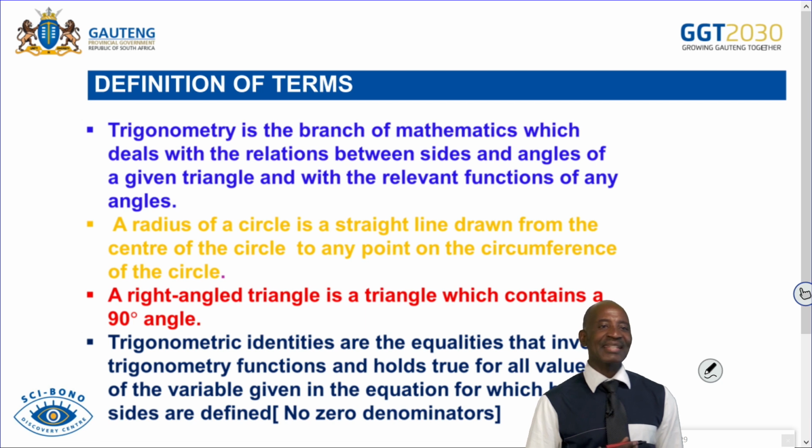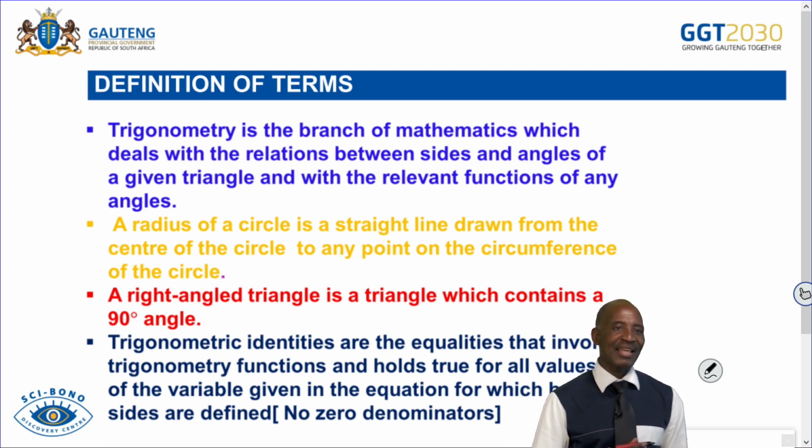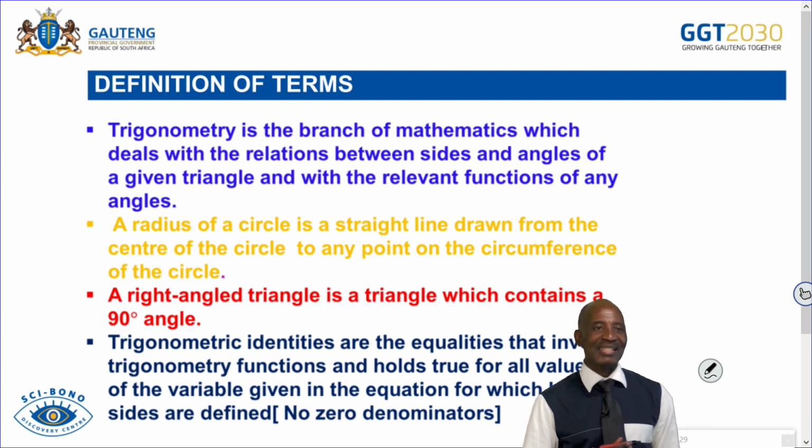Then trigonometric identities are the equalities that involve trigonometric functions and hold true for all values of the variable given in the equation for which both sides are defined, meaning there are no zero denominators. In those questions that have quotients, you must check that the denominators are not zero.